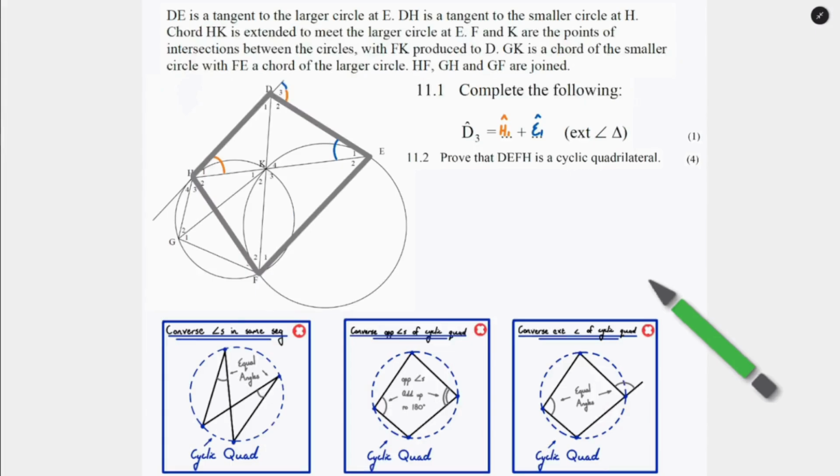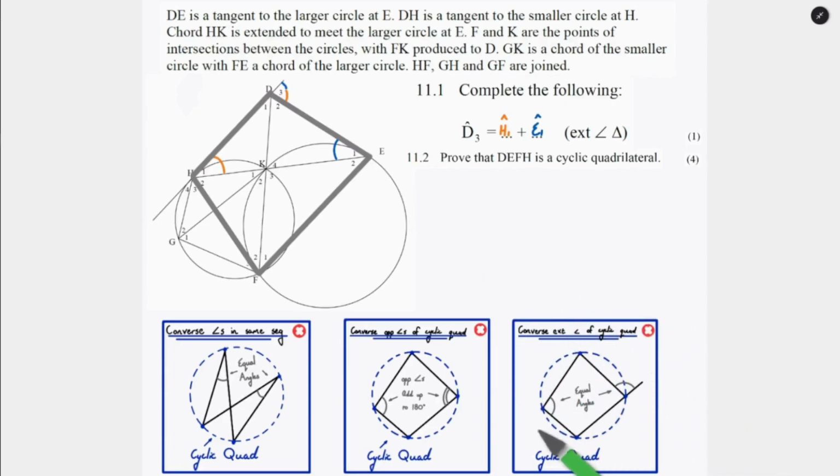And when it comes to proving that something is a cyclic quadrilateral, you've only really got 3 possibilities. You can aim for the bow tie, prove that the opposite angles add up to 180, or you can prove that the exterior angle equals the opposite interior angle. And if we look at our sketch, it's guiding me to this one, because what we just got was the exterior angle of this gray figure that we are trying to prove is a cyclic quadrilateral.